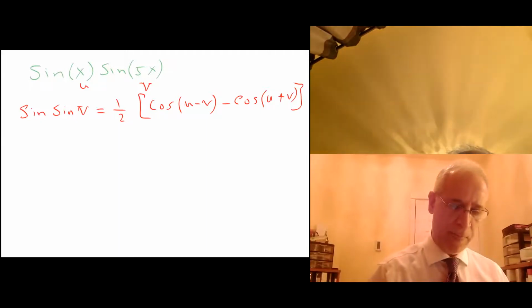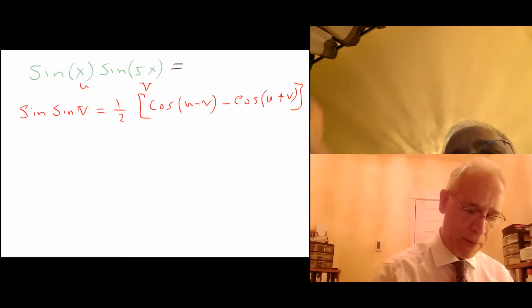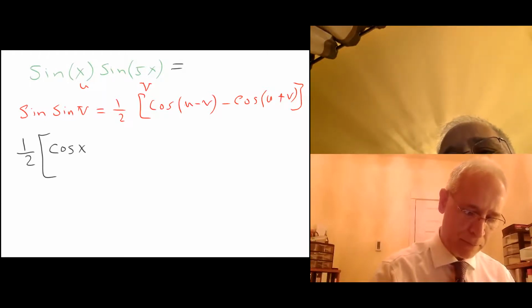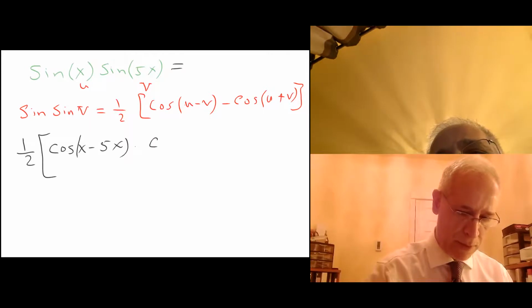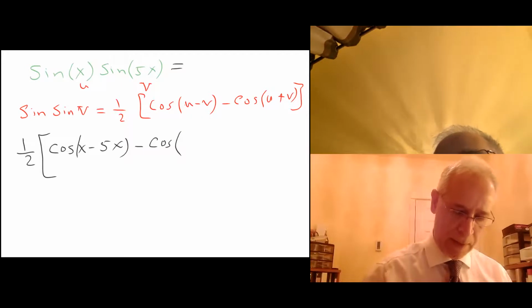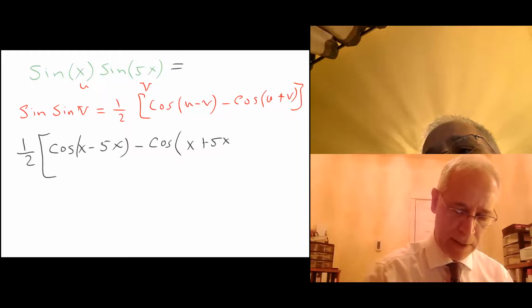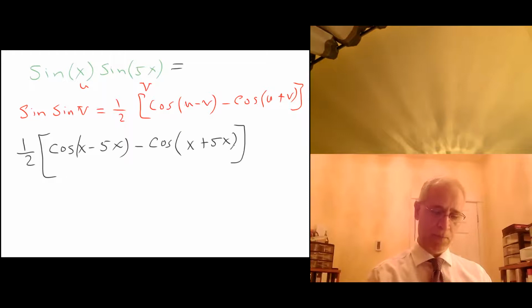Following this formula, my original problem equals 1/2 cosine of the first one. So cosine of x minus second one, 5x, minus cosine of first one plus second one. So u plus v, so that gives me x plus 5x. And all I have to do is now to simplify this.